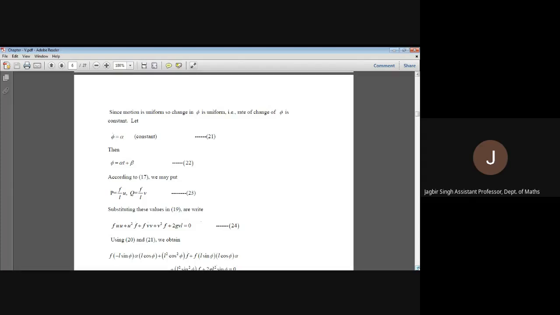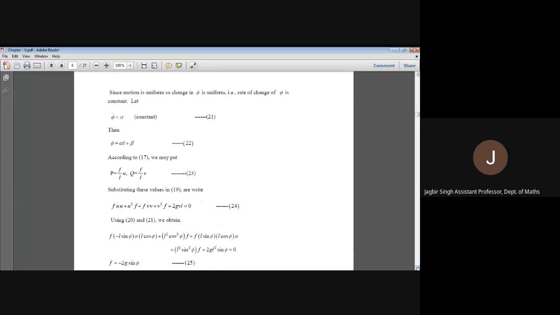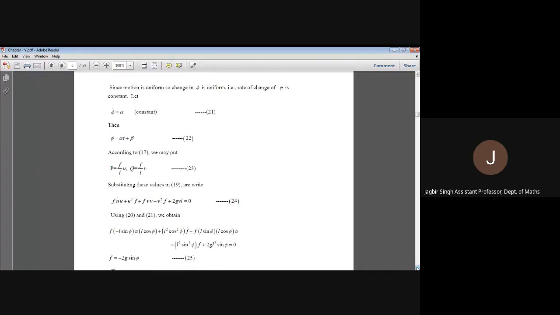Now replacing the values of L cos phi and L sin phi, we will have F into minus L sin phi and then U dot, L cos phi and then the derivative of phi, that will be alpha. So this equation is obtained. In this we have two terms cancelled and two terms involving sin square plus cos square, that will be 1. So F dot is minus 2G sin phi.